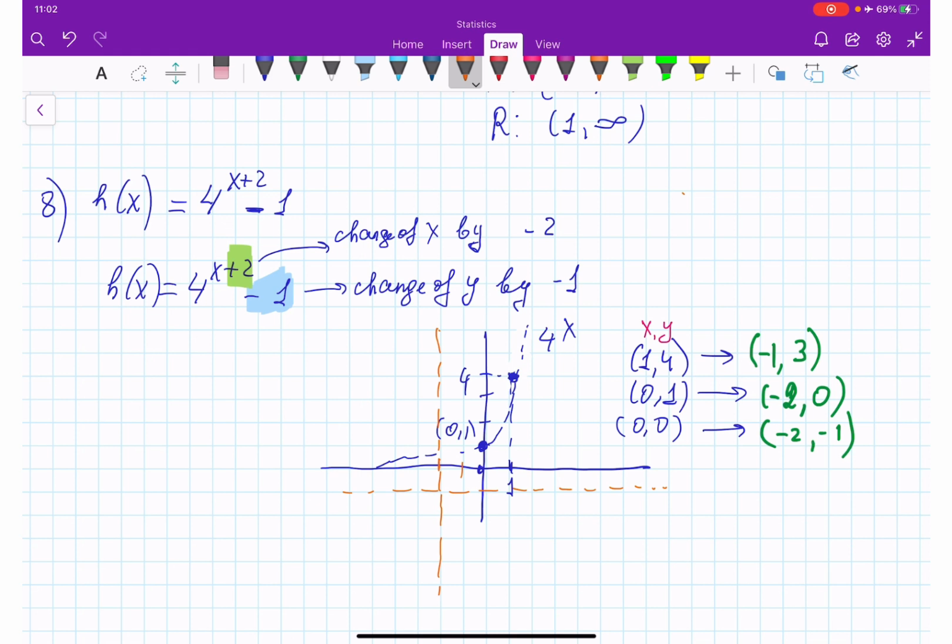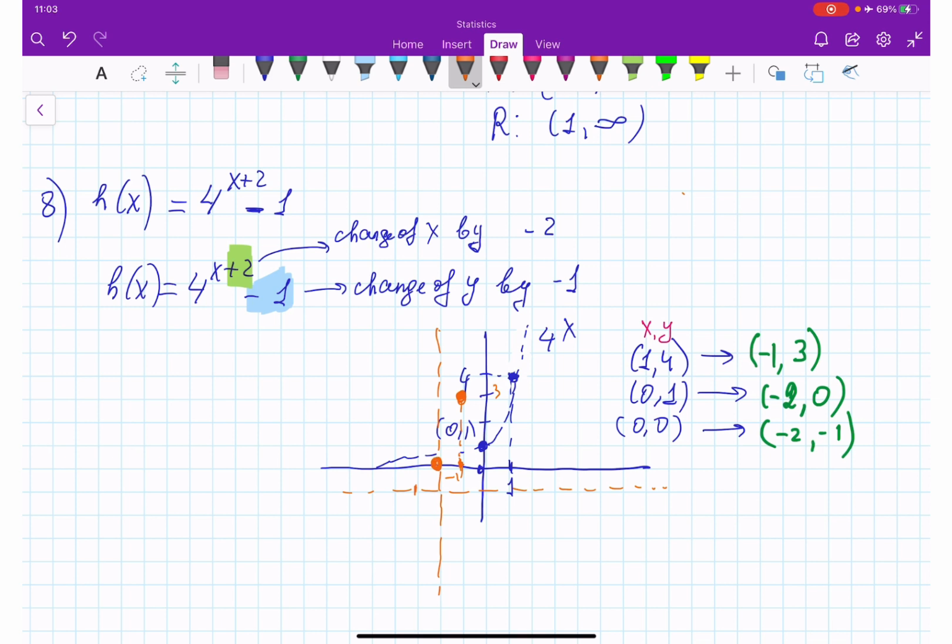Next, -1 and 3. My x is -1, and y is going to be positive 3. It comes right here. Then I have -2 and 0. This is where it's going to cross.